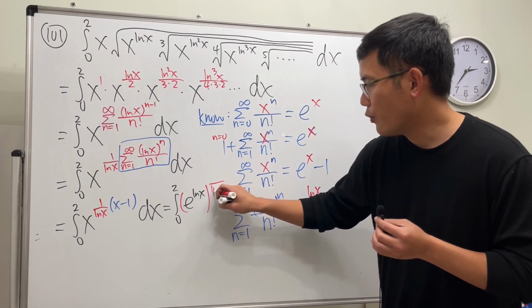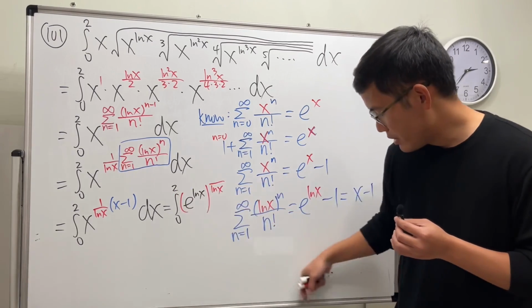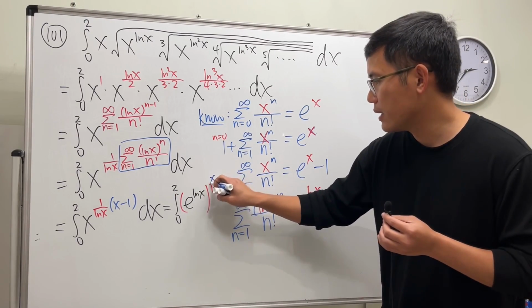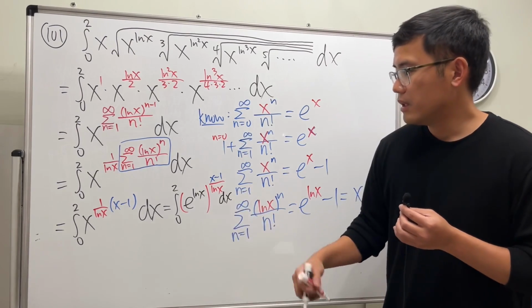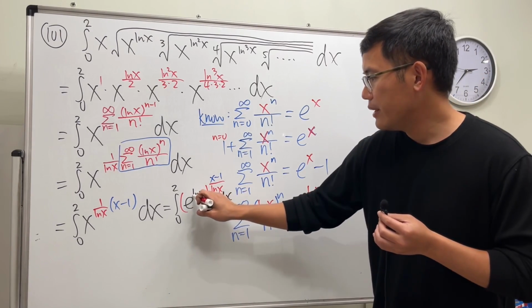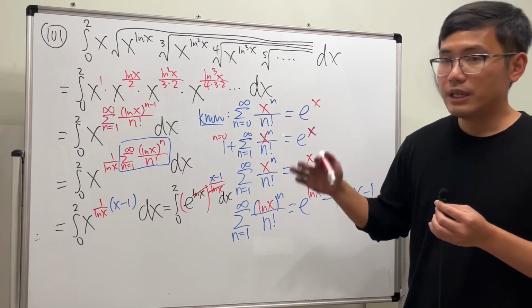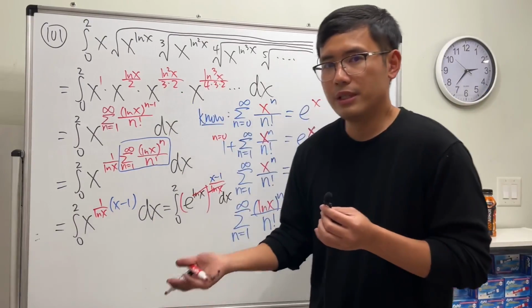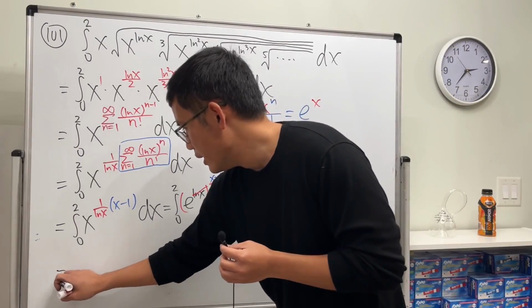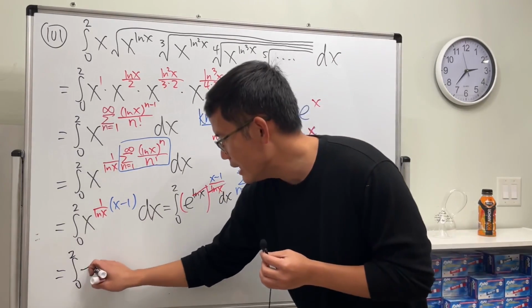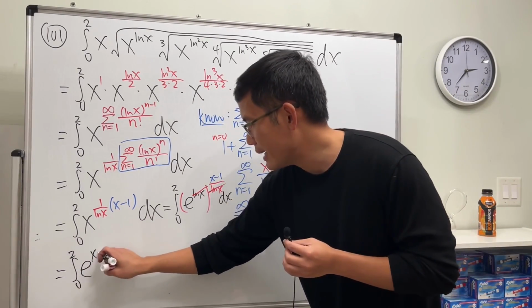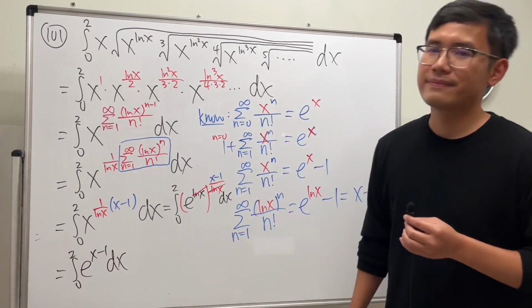Namely, we have the 1 over ln x here, and then the top here is x minus 1, and then we have the dx. So now what? The ln x and the ln x cancel. So this is actually just asking you to integrate from 0 to 2 e to the x minus 1 dx.